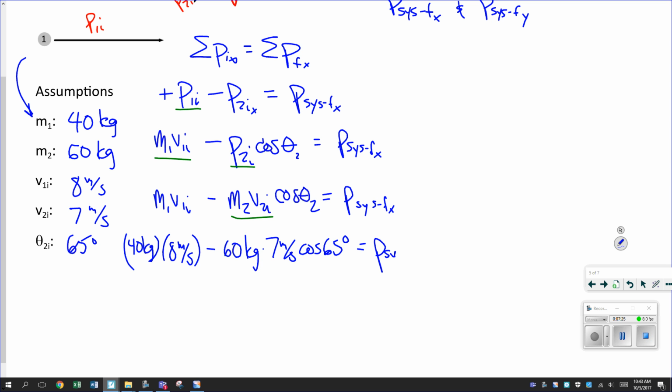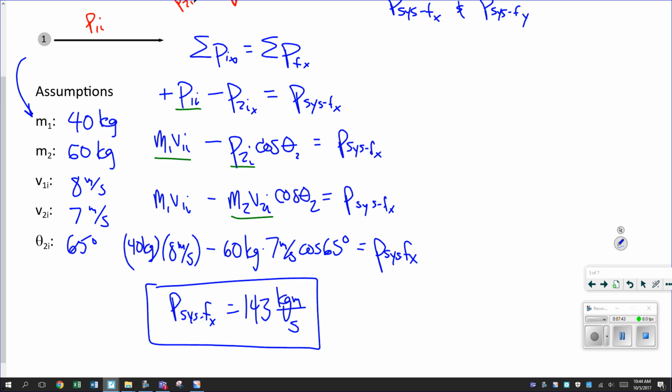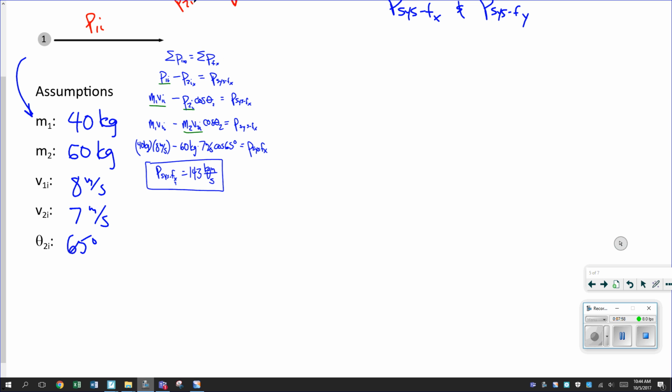That is P sys final X. That gets me a P sys final X of 143 kilogram meters per second. What have we just found? We've just found the X component of the system's final momentum. So now we have to do a similar thing to find the Y component.